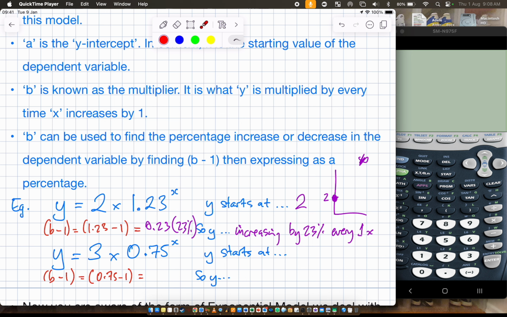Up, because it's increasing. I don't have a scale here, but we know because B is greater than 1, it's going to curve upwards. And how fast upwards? It's going up by 23% every time. Now if we look at the second example, what's Y going to start at here?